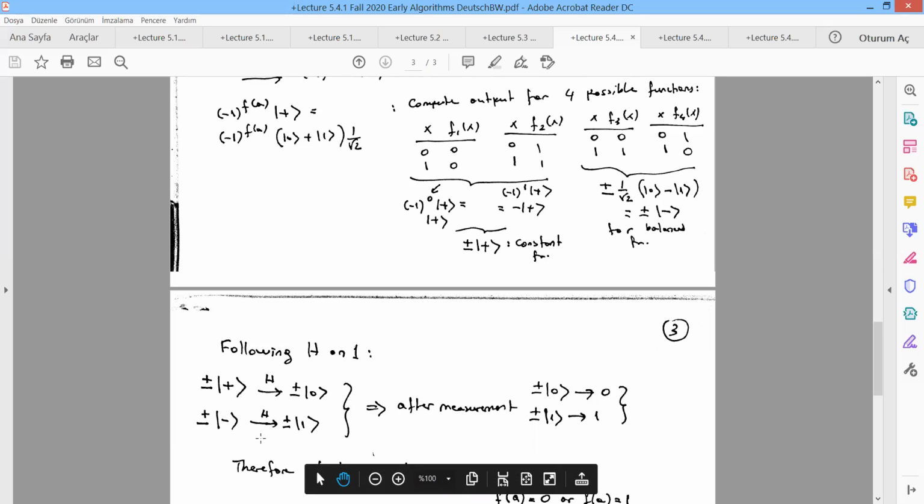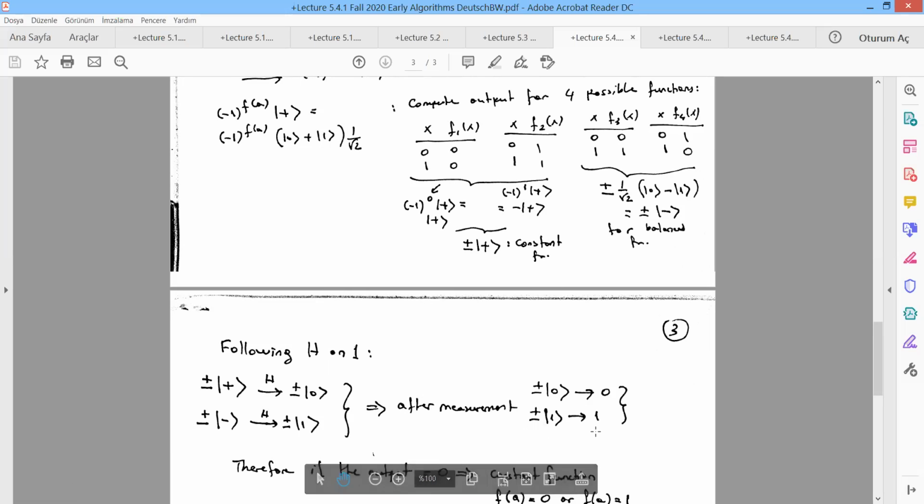And similarly, cat minus state over here corresponds to a balanced function. If we apply another Hadamard, this minus state would be converted to a 1 state, with a phase plus minus 1 in the front, plus minus cat 1 state. And if you again apply another Hadamard on this and make a classical measurement, you would measure a 1.